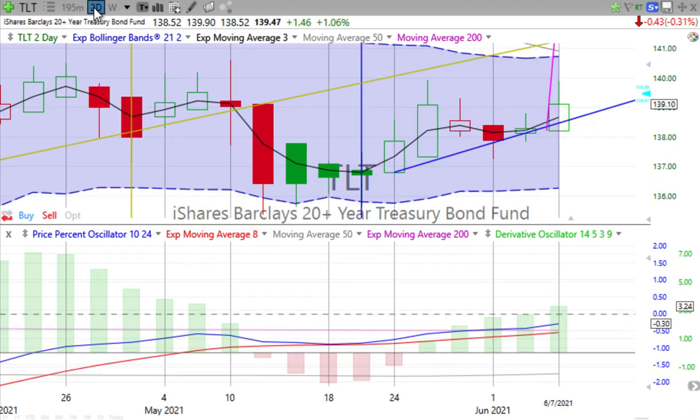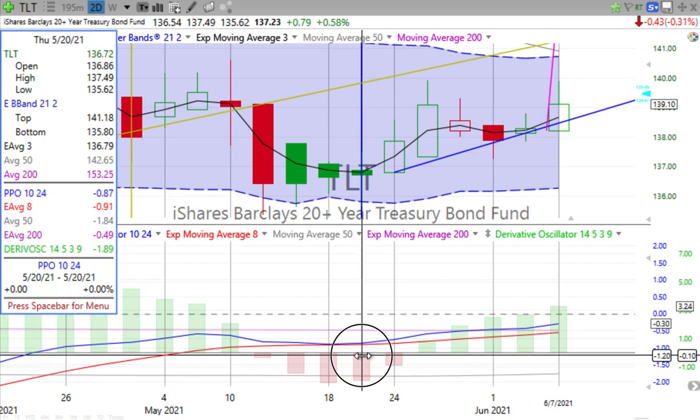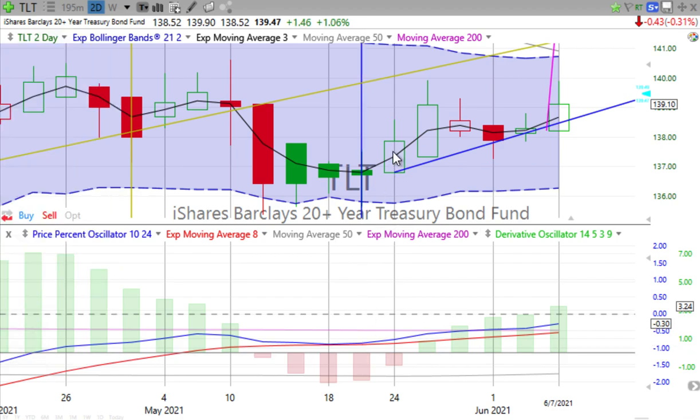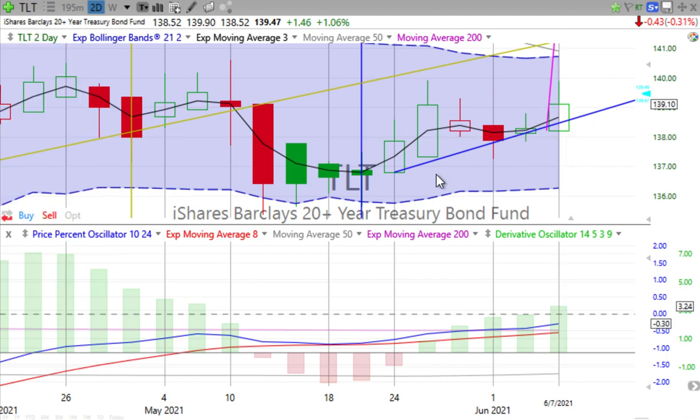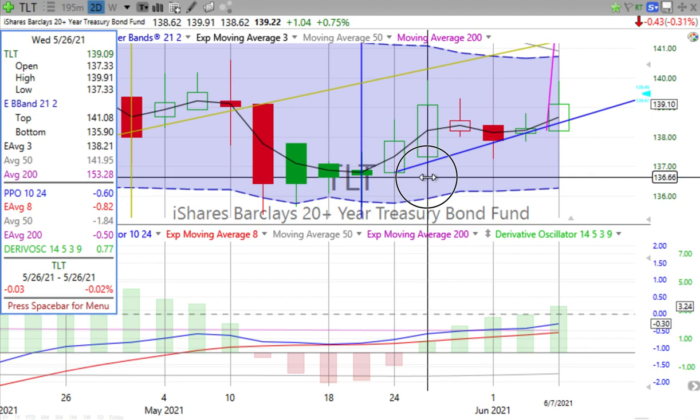We look at the 2-day. Same here. The 2-day crossed over going up back on the 20th of May, then boomed up for 4 days, sliding sideways and down for 6 days, and then over the last 2 days, booming up again. Let's look and see where we are as far as the high, 139.90, that prior high on the 2-day candle, the 25th and 26th, 139.91.